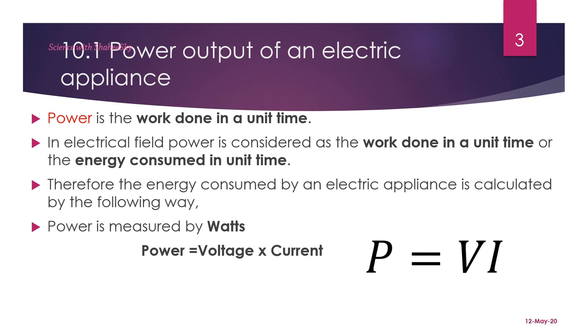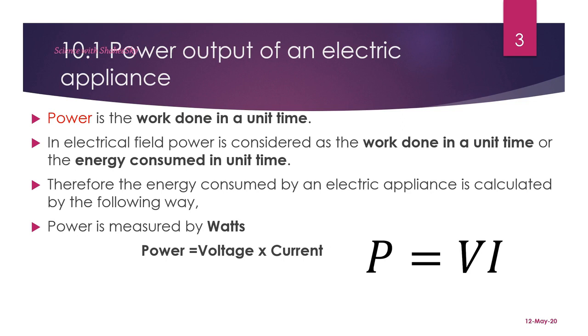Power means the work done by that appliance. So we have to calculate how much work is done by the electrical appliance in a unit time. This is called power. So you have to be clear on the definition of power. Power is the work done in a unit time.